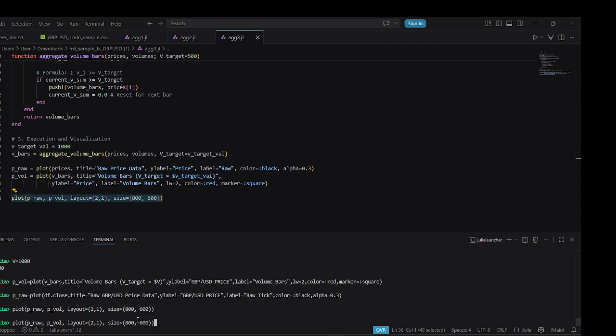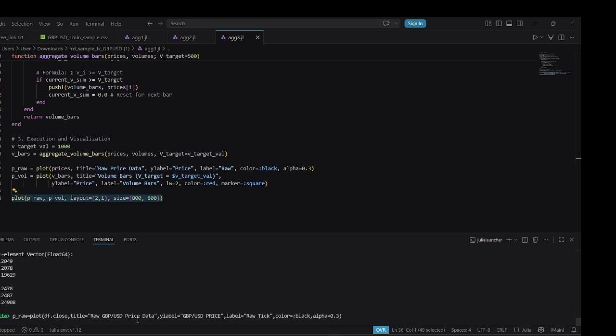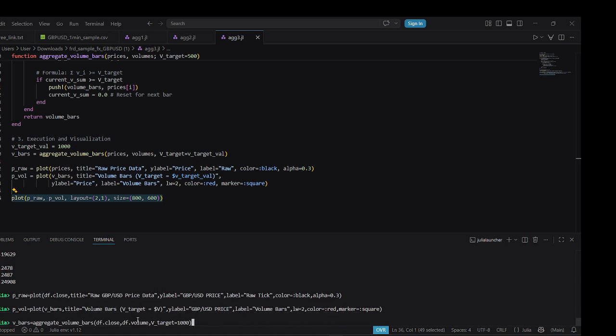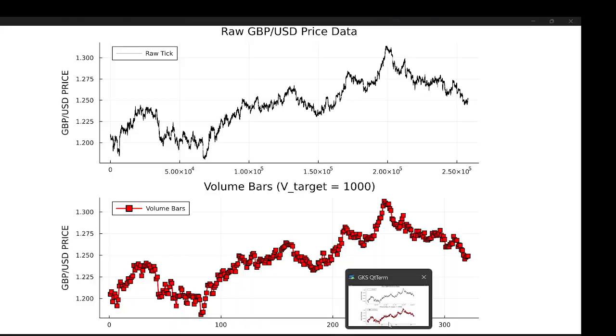Let me try this again. Yes, here it is. So as you can see, when we increased the volume target, the distribution of the bars are more dispersed, right?